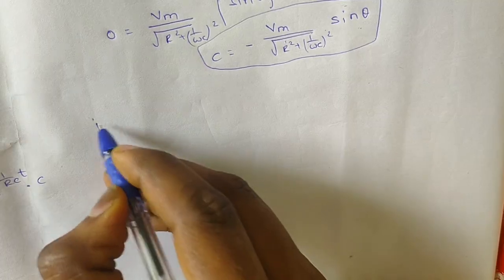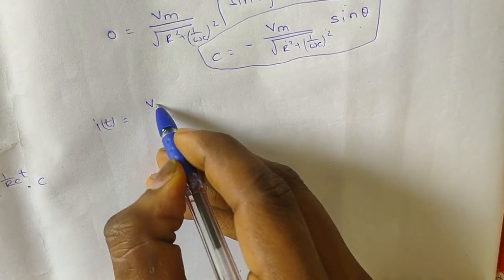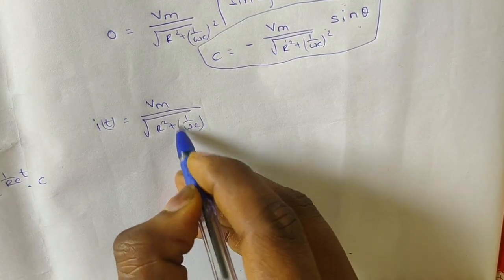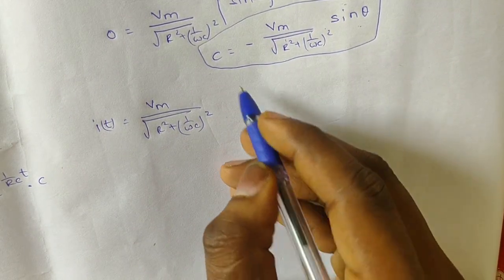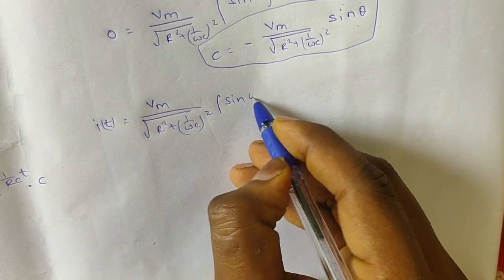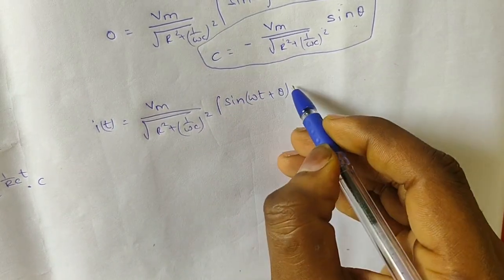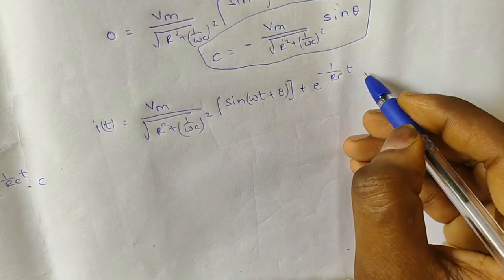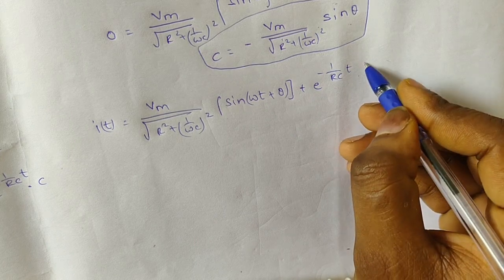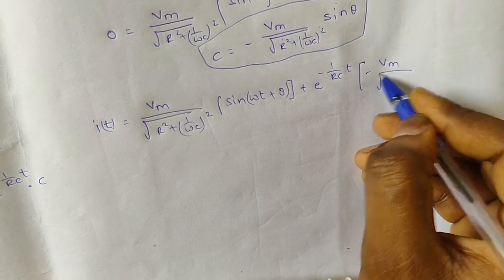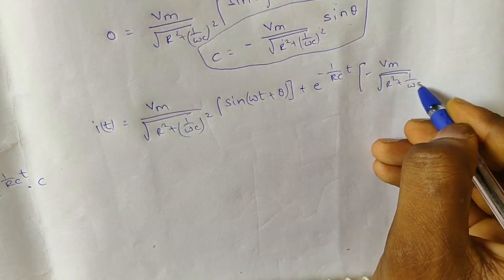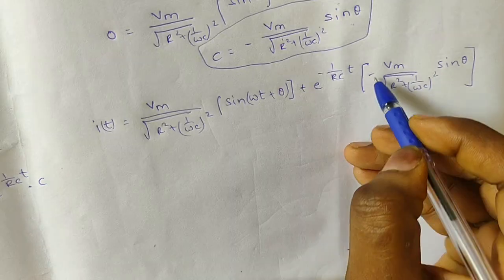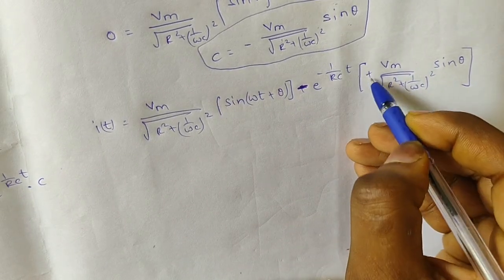Then the overall equation will be I of t is equal to Vm by under root of R square plus (1 by omega C) whole square, sin(omega t plus theta), plus e power minus 1 by RC into t, minus of Vm by under root of R square plus (1 by omega C) whole square into sin theta. This minus is the overall minus.